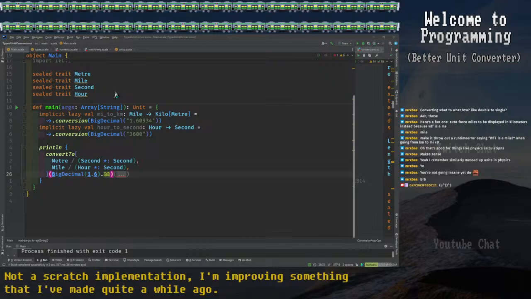Meters to mile. Really? It can't find it using invert.